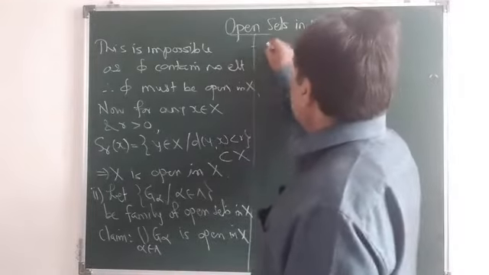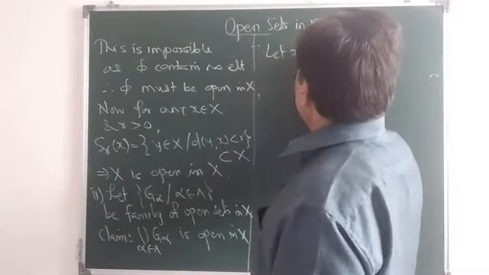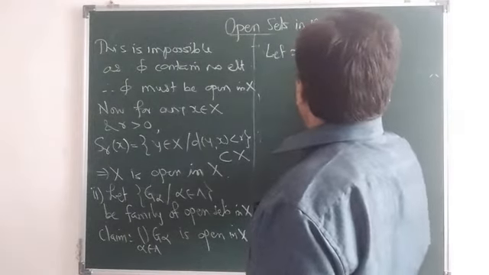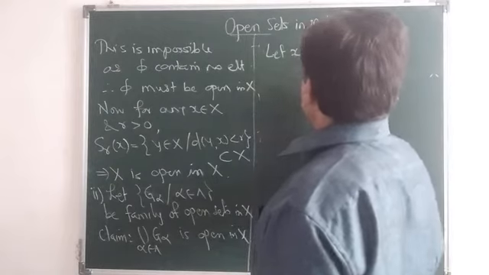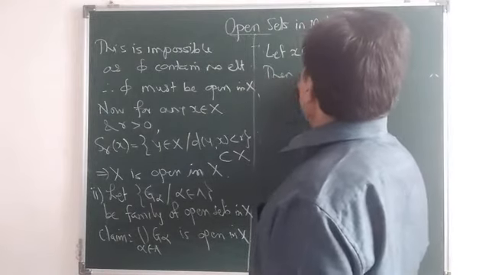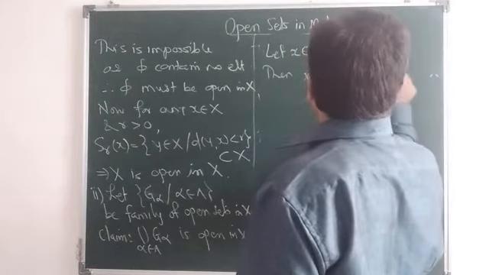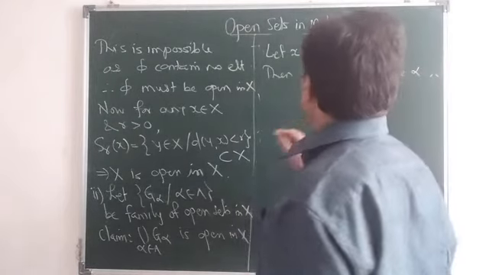Okay, so let x belong to G, that is, x belongs to the union of G alpha, alpha belonging to the index set. Then x belongs to G alpha for some alpha.